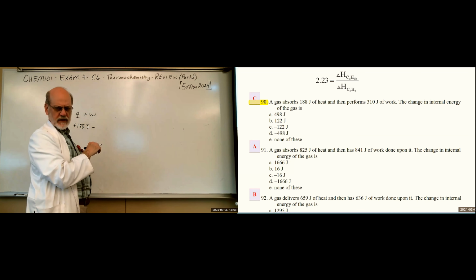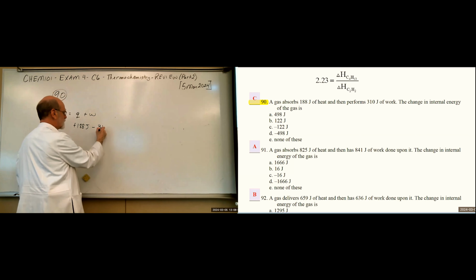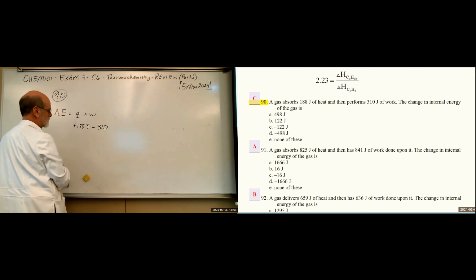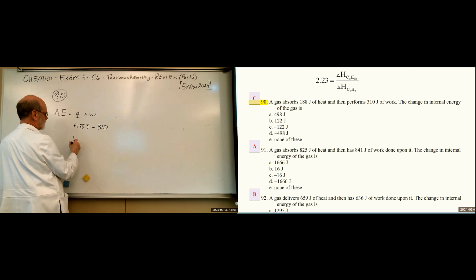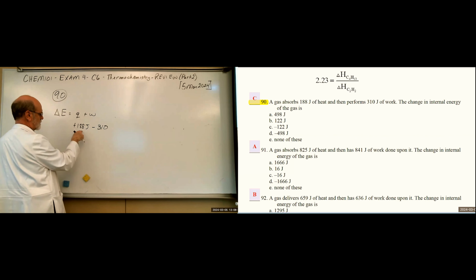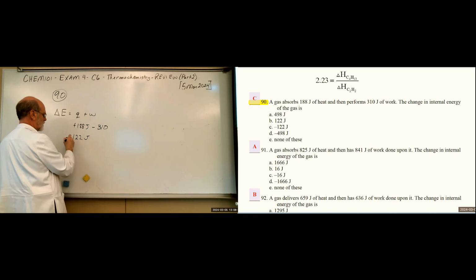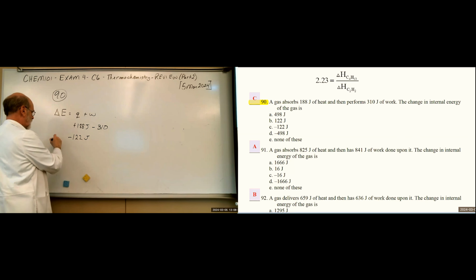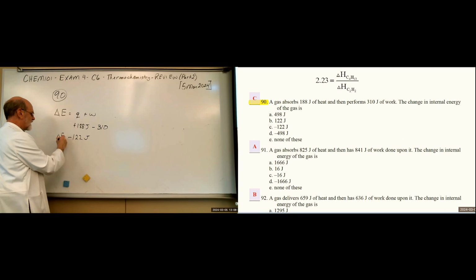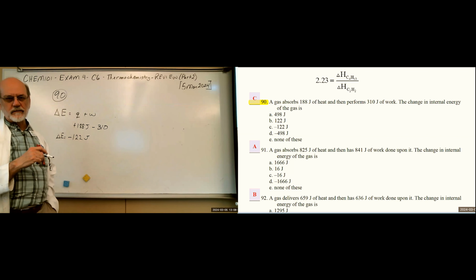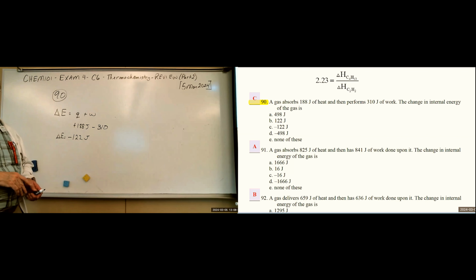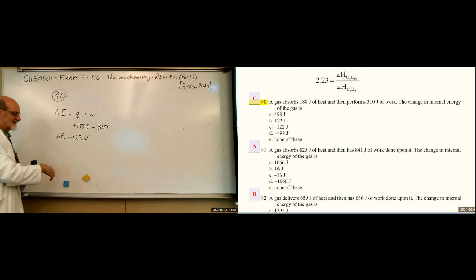So we subtract the two, right? 188 minus 310. Yeah, joules. So it's negative. The change in internal energy is negative 122 joules.